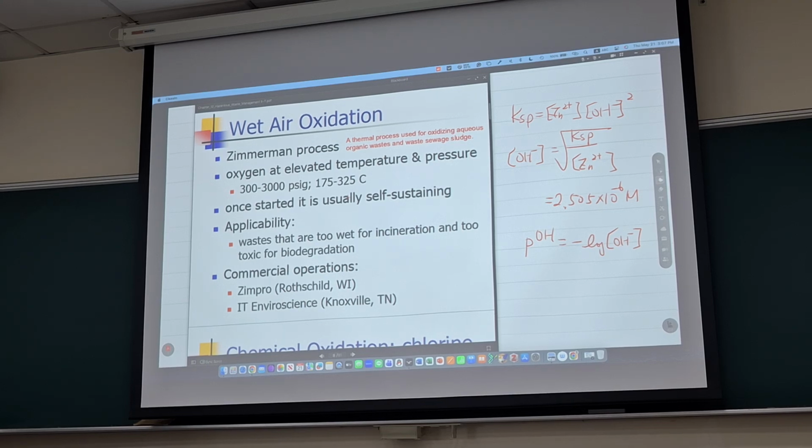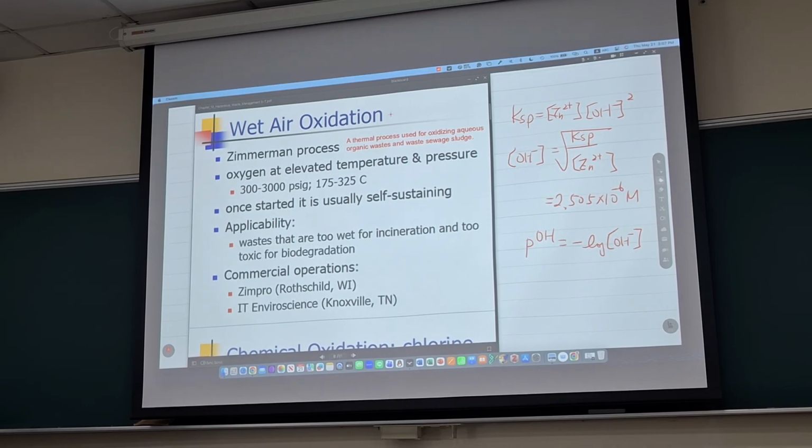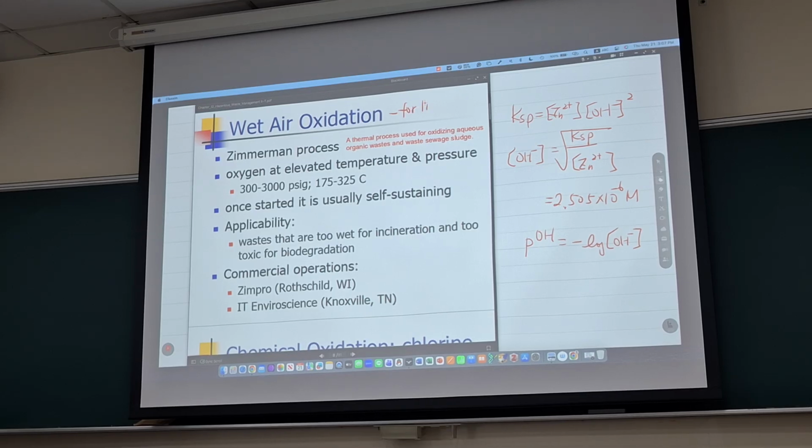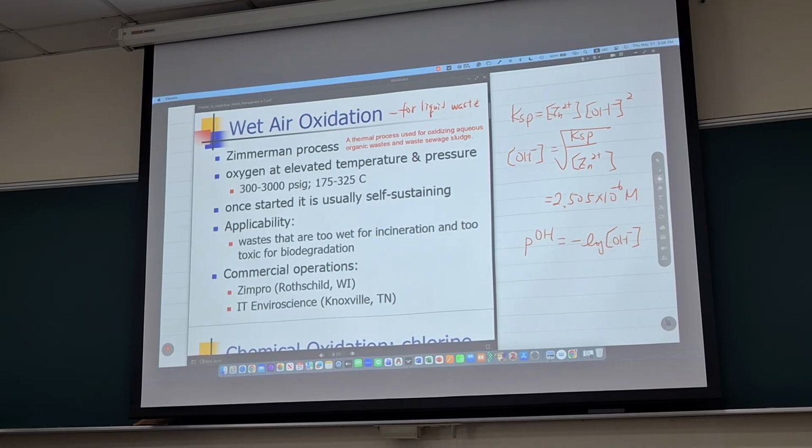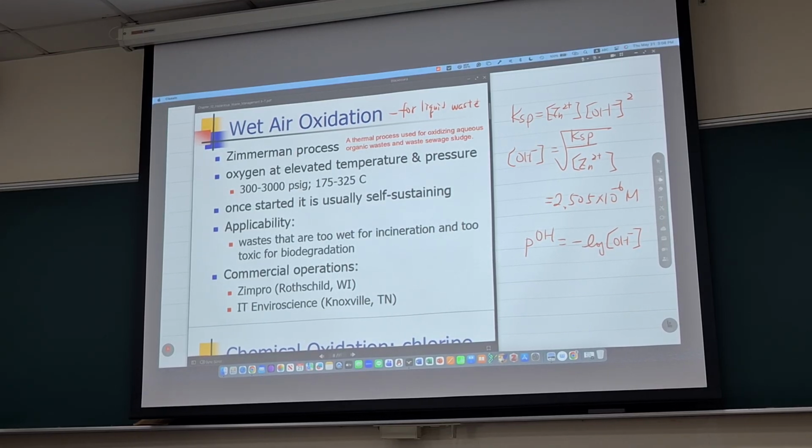So next, we can use something called wet air oxidation. Okay? This is a treatment process for liquid waste. This is famously called the Zimmermann process.